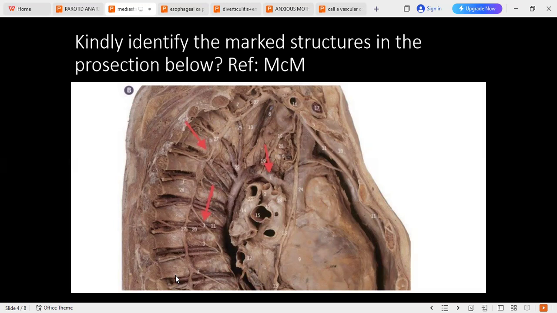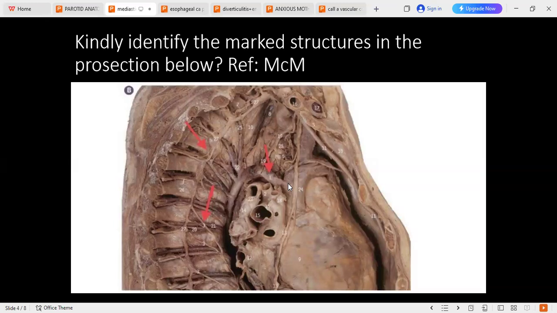Can you tell me what this is? This is the brachiocephalic vein. Maybe it is the arch of the aorta.